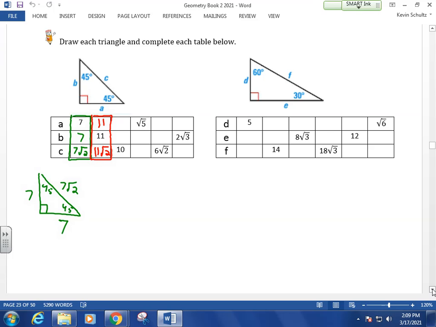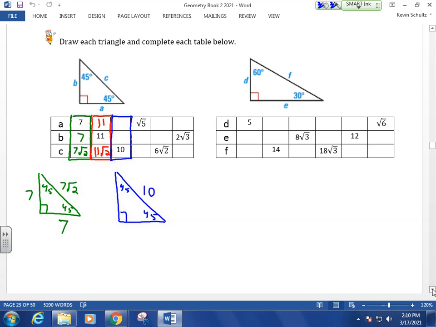Because that hypotenuse side, which has that root 2 as a part of it, now is a whole number. It's 10. Okay? So here's going to be your introduction for how to work with roots with multiplication and division. What we have here is a 45, 45, 90 triangle with a hypotenuse length of 10.